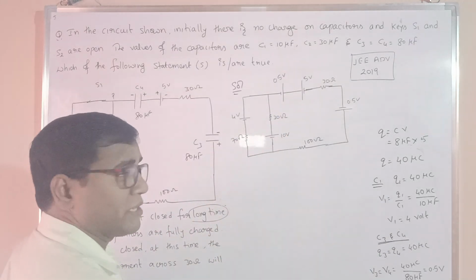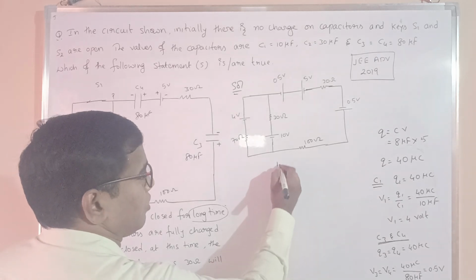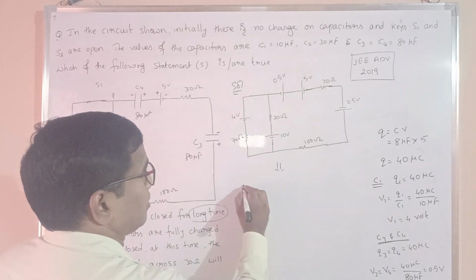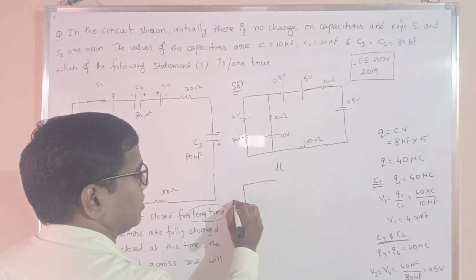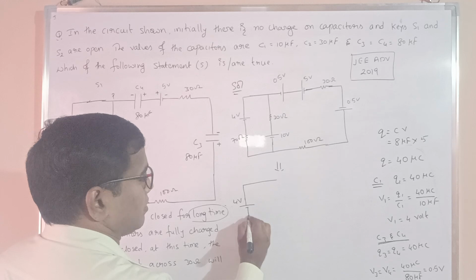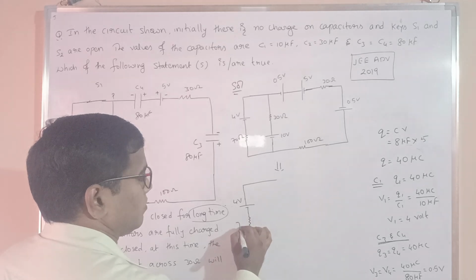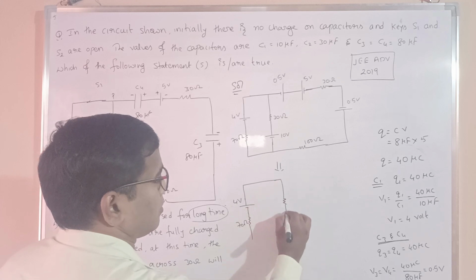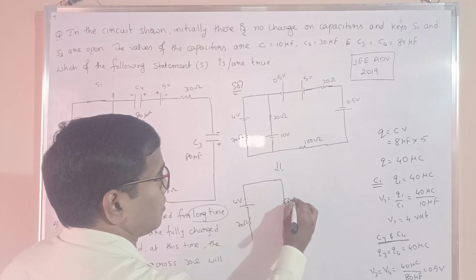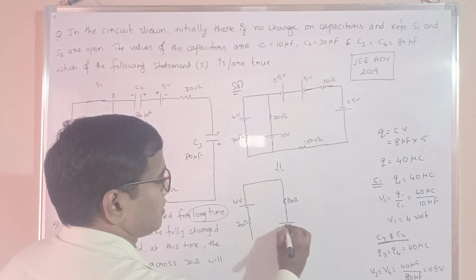And again we can modify the circuit. Just see, I will modify the circuit. This one is 4 volt and 70 ohm, and here 30 ohm, and this one 10 volt.